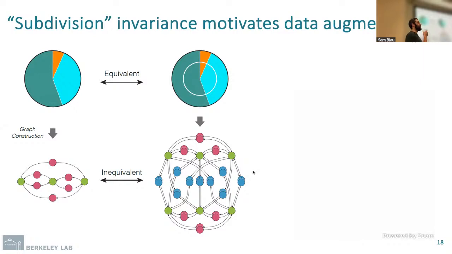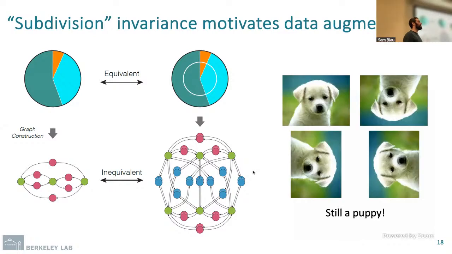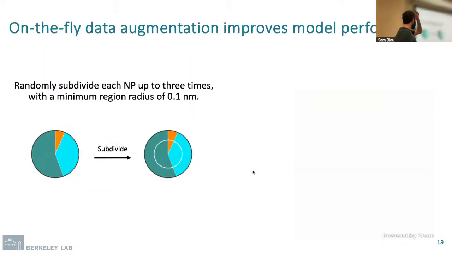So that's a bummer. Instead, we can do the other obvious thing, which is data augmentation. Just like with images, you can rotate an image of a puppy, it's still a puppy. You want your CNN or vision transformer to know that. So here, at train time, within a mini batch, we are randomly subdividing each nanoparticle up to 3 times with a minimum region radius of 0.1 nanometers.